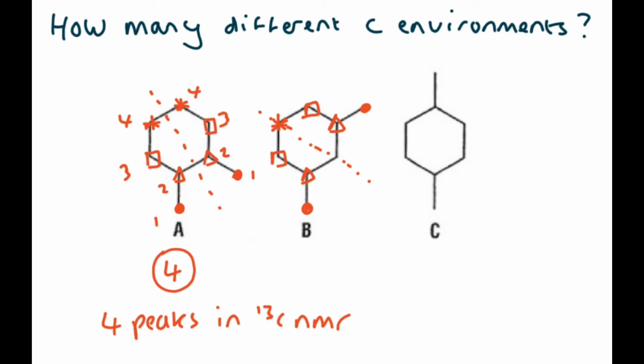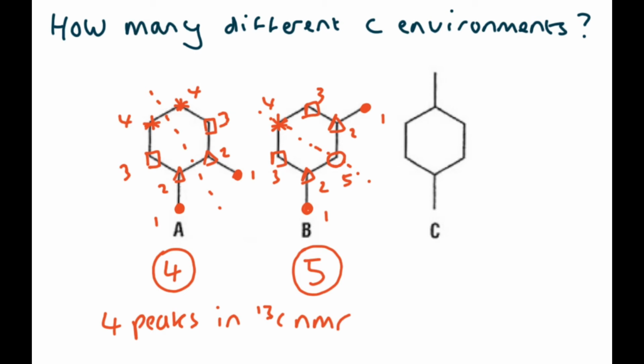There isn't another CH2 in the same environment. When we say environment, go beyond the CH2 and look at what it's joined to. And here we have an individual one as well. So we have 1 carbon environment, 2, 3, 4, and 5. That molecule has 5 carbon environments, therefore 5 peaks in the carbon NMR.